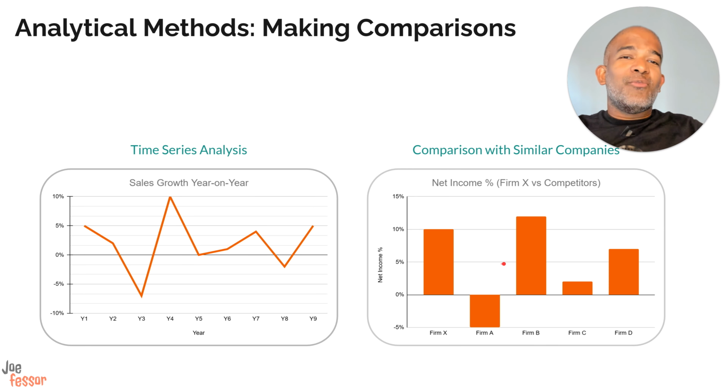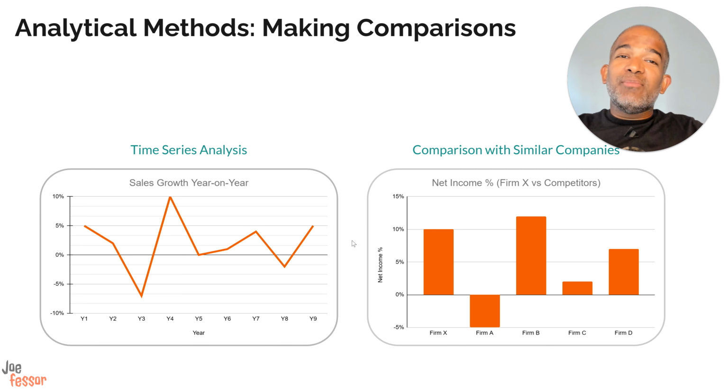On the right, we have comparison with similar companies. Okay, since industry and economy-wide factors affect everyone, comparing a company with another in the same line of business gives better insight into its performance. Okay, the bar chart shown here compares key measures across competitors, and this helps to filter out general market effects.